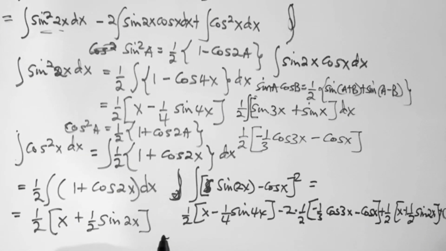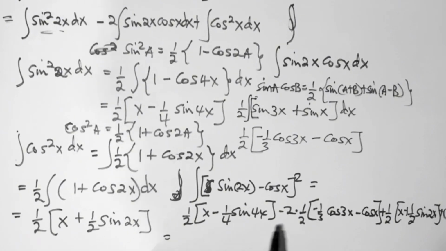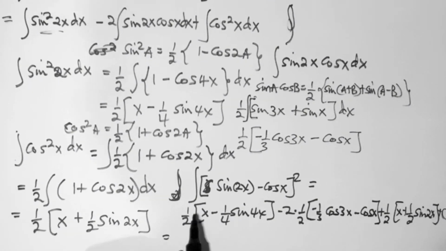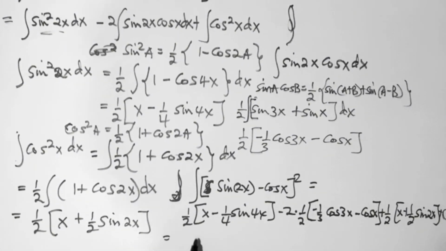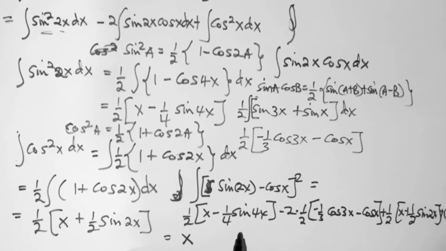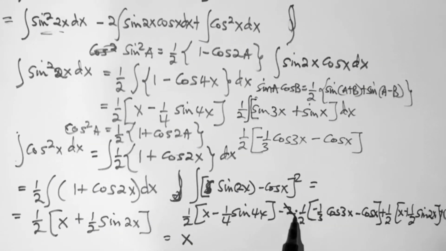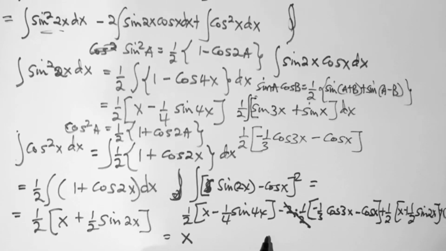So this is equal to, further simplifying, you see that there is half x here and half x here. If you add the two, you get x. Apart from that, the 2 will cancel this half.